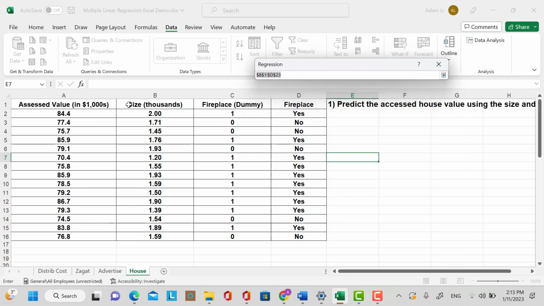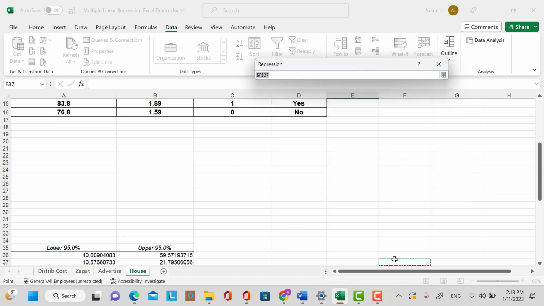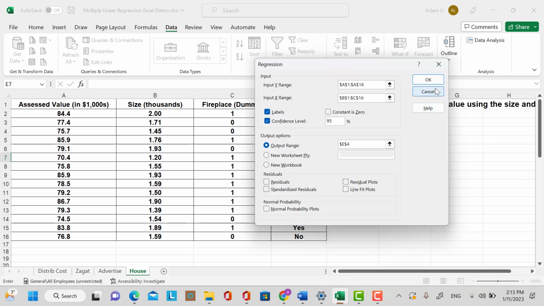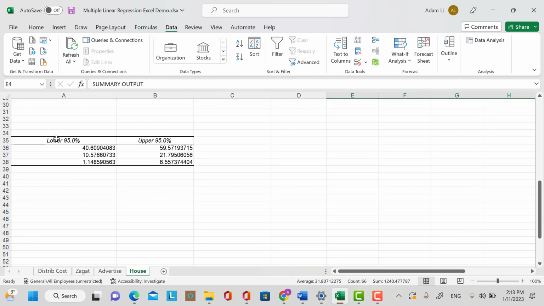The other input range is B1 all the way to C16. We've already called it the dummy variable. Check Labels, confidence level 95%. The output range we'll put right here. Click OK. I'm going to run through all of this analysis in a second.